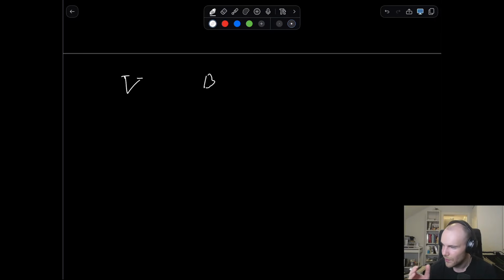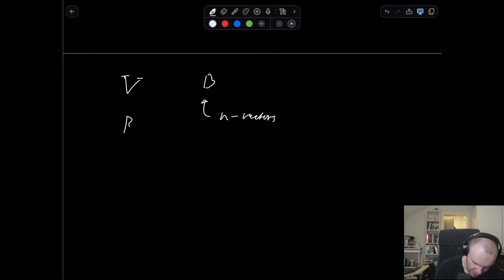So if B contains n vectors, so B has n vectors, the space, of course, will act as if it's in R^n, right? But if V is already in R^n, this will then determine a new view of that coordinate system.